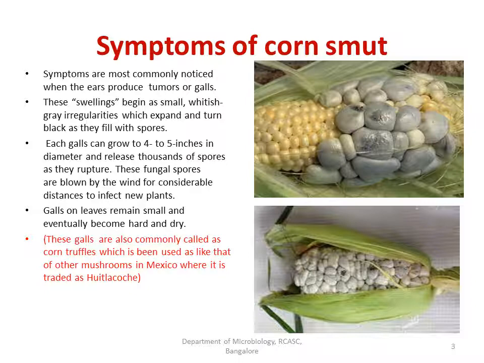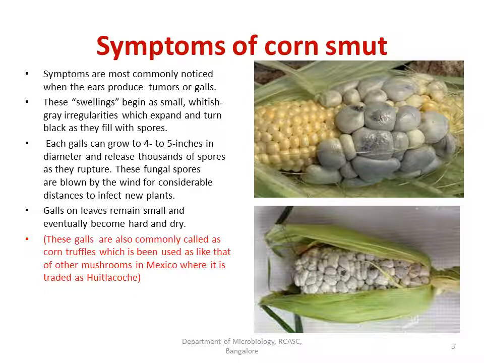Because of this property, the infected corn galls have been extensively used as corn truffles, and in Mexico it has been traded as Huitlacoche.